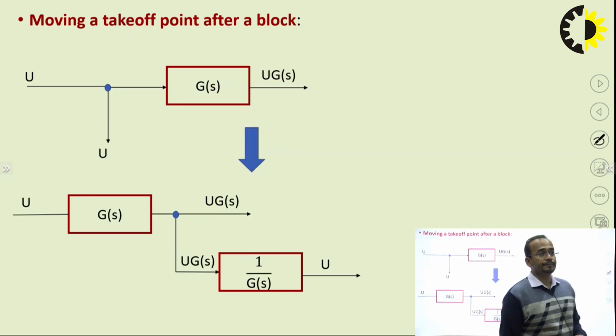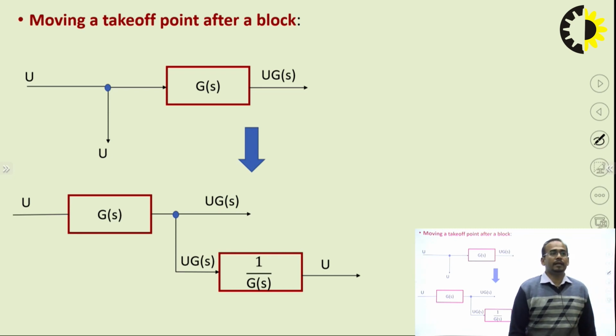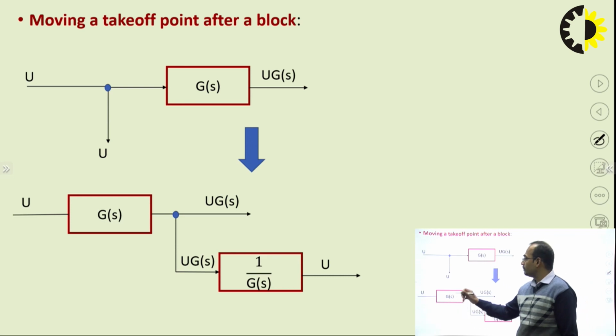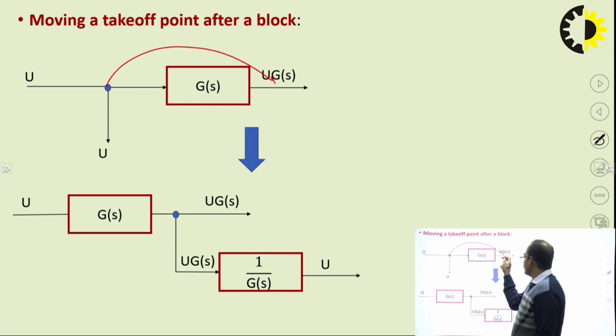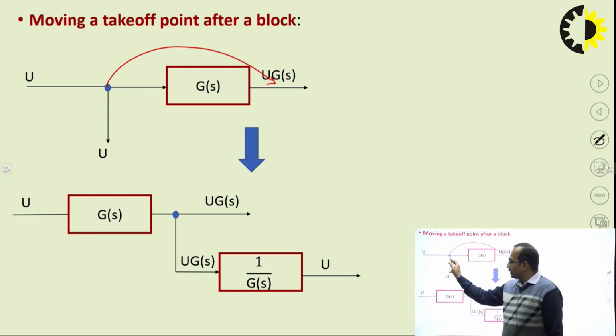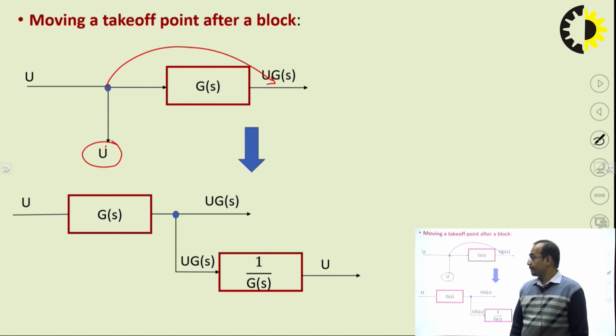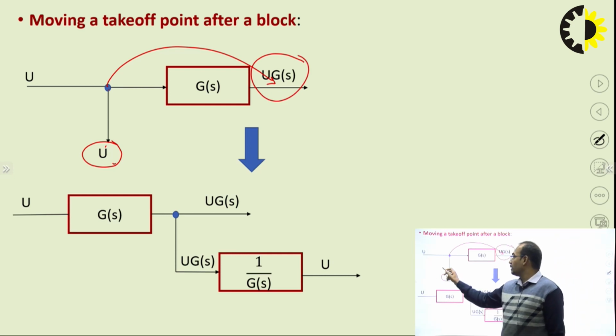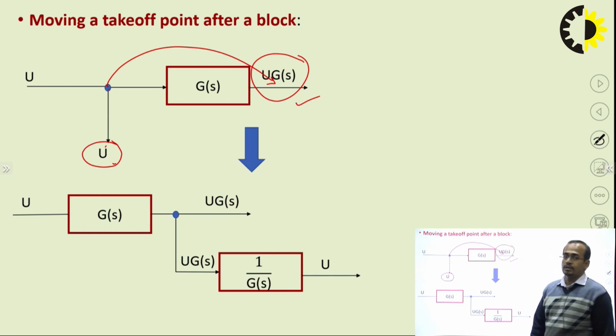Next is moving a takeoff point after a block. We want to move this takeoff point after the block. If I see here, the output from this takeoff point is U, and the final output is U into GS.